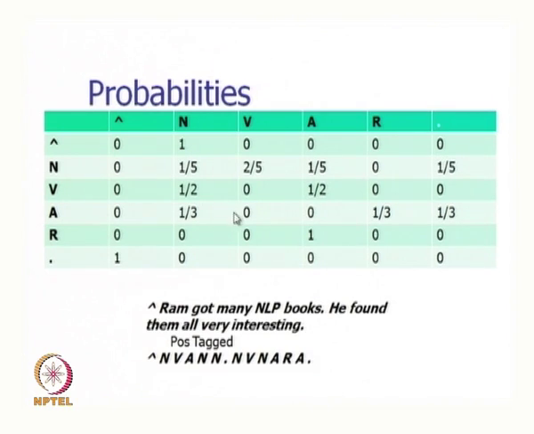I guess the method of calculating the probabilities is clear to you, given that the bigram sequence counts are there in the matrix. We simply take the count of the sequences and divide it by the number of times the unigram tag appears, and from that we can compute the probability.